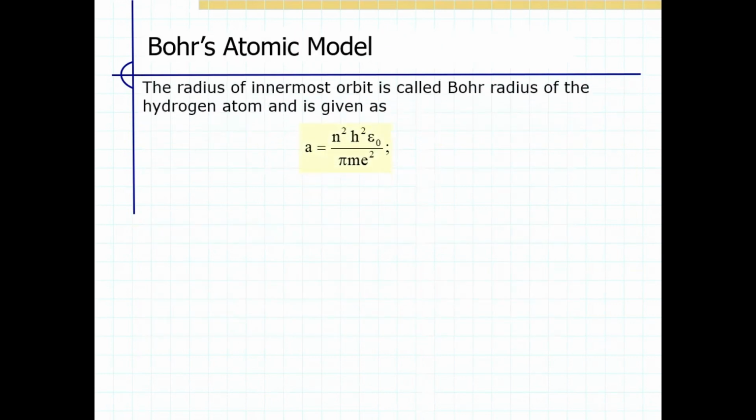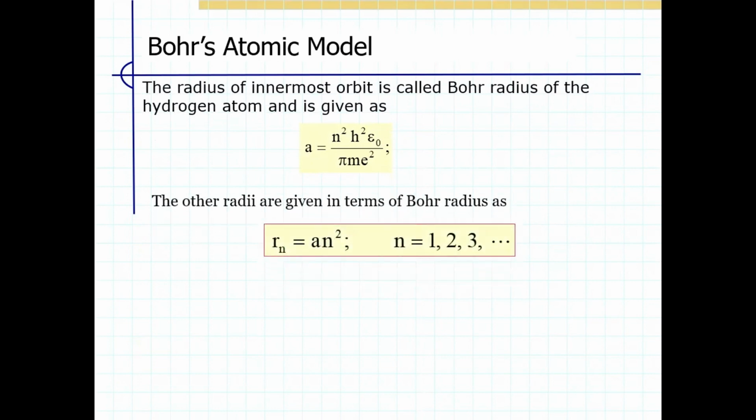So the radius of the innermost orbit is this, where n is equal to 1. The rest of the radii are given in terms of the Bohr radius. This is the innermost radius, which is the n equal to 1 value, and the rest of the values can be estimated through an n square formula.